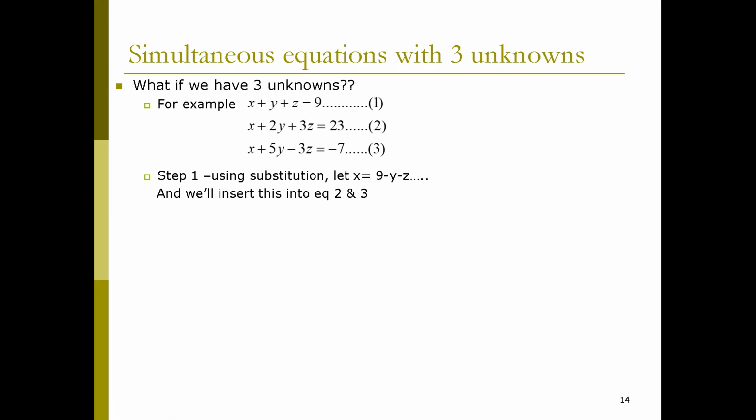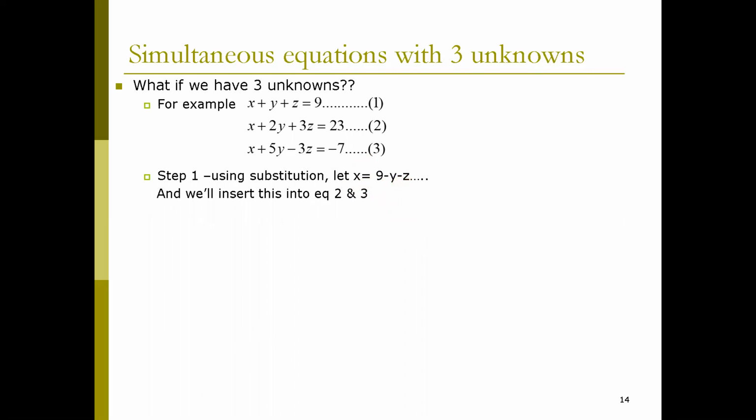So looking at x in this example, because x is probably the easiest to deal with, take equation 1 and we transpose for x. So x equals 9 minus y minus z.